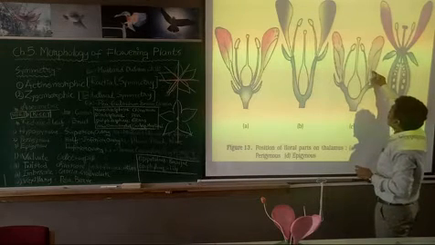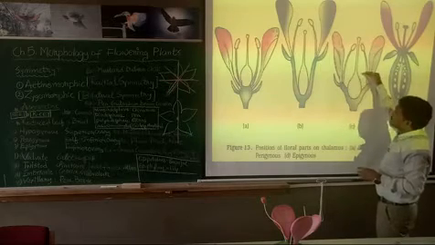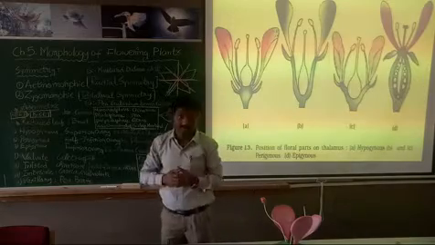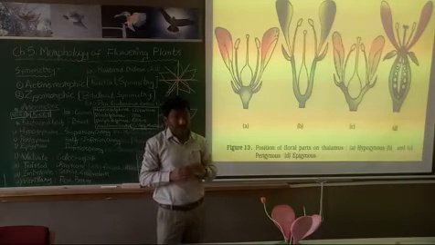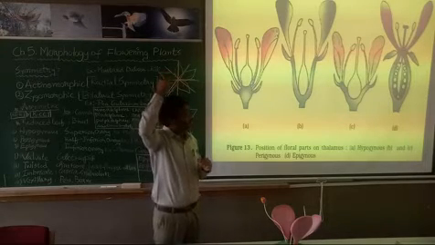Calyx, corolla and androecium. They are at the top of the ovary, above the ovary. So the ovary position is below here and the rest of the floral parts position is above.